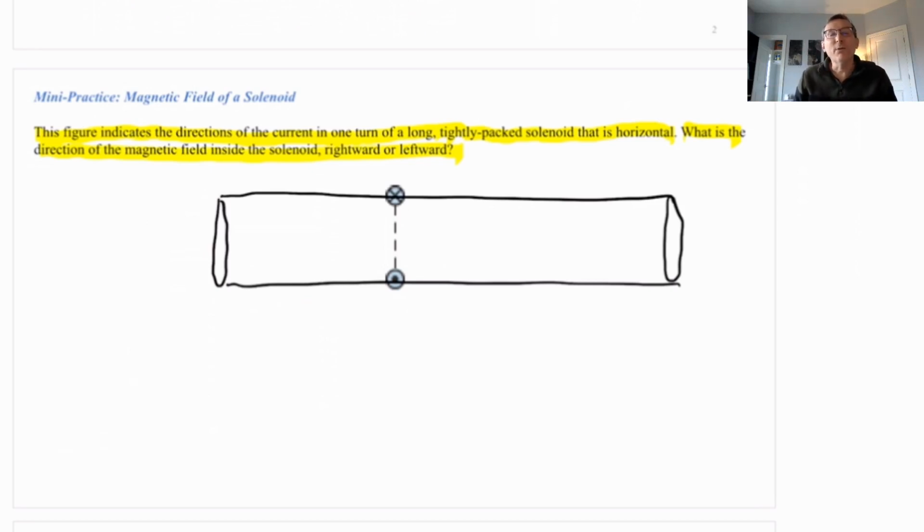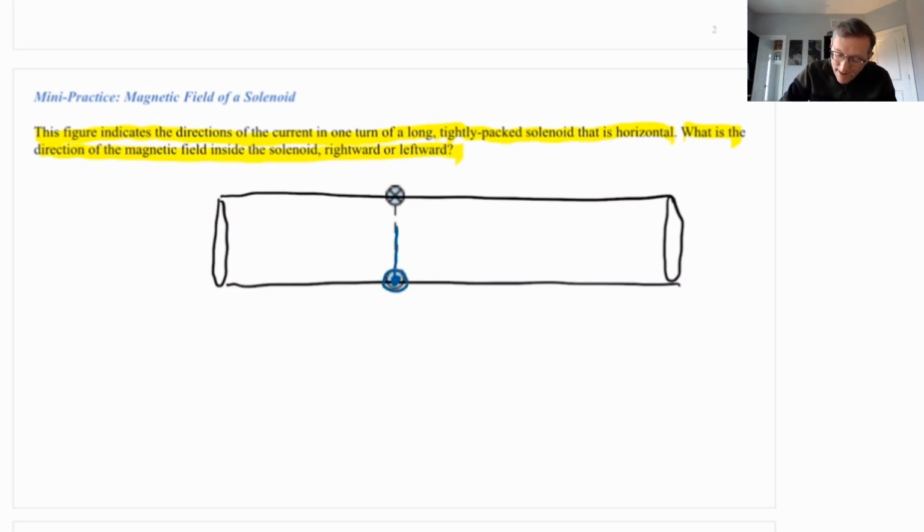All right, so you basically want to use the shortcut right-hand rule to get the direction of B. All you got to do is imagine that there's the cylindrical solenoid. You're going to reach in with your right hand and grab a hold of that cylinder with your fingers wrapping around it in the direction the current is flowing. And so as I imagine this cylinder right in front of me, I'm going to reach in, and at the bottom, the current is going away from me into the screen.